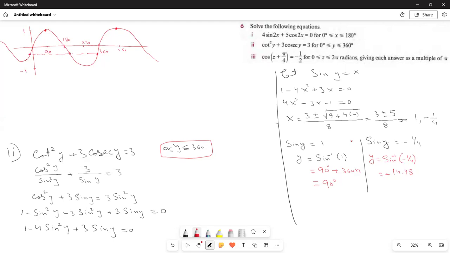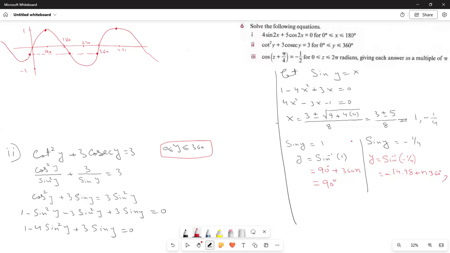In this angle, I have to add multiples of 360, right? So plus n times 360. Yes. So this is one answer, because when I add 360, I will get this one and the next one and so on.